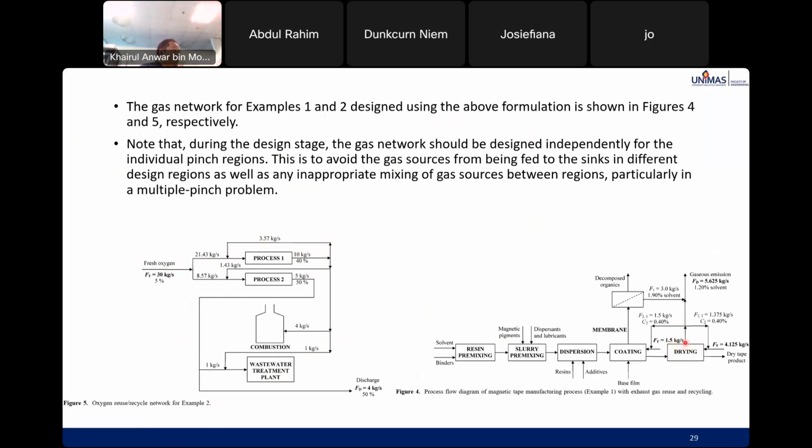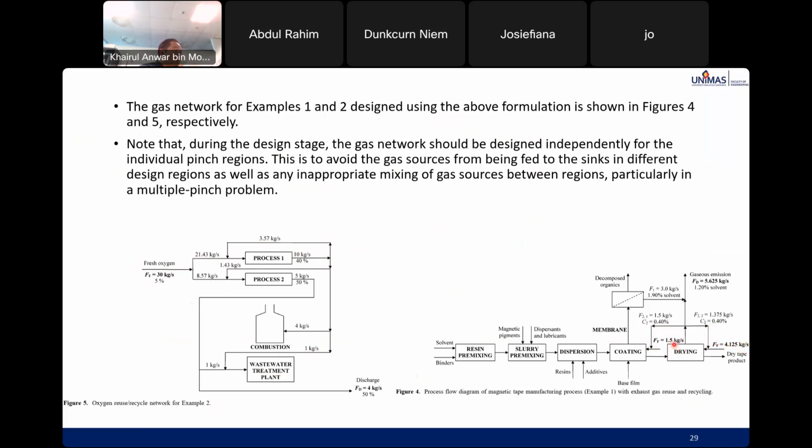So what happened is, you see here, the gas is actually recycled back to drying and reused for coating. How much goes to coating? 1.5 kg, at 0.4%. And the reuse is 1.375 goes here, plus fresh feed of 4.125.